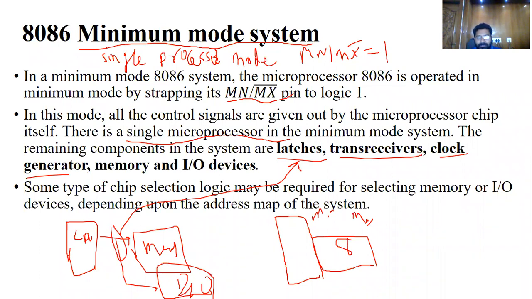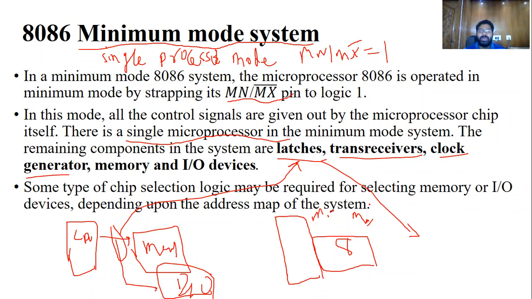What is a latch, and why are we using latches here? Why are latches and receivers needed for the 8086 microprocessor? Whenever you use the 8086 as a 40-pin microprocessor, some pins we use as multi-purpose pins, and some pins we can also use as bi-directional pins.